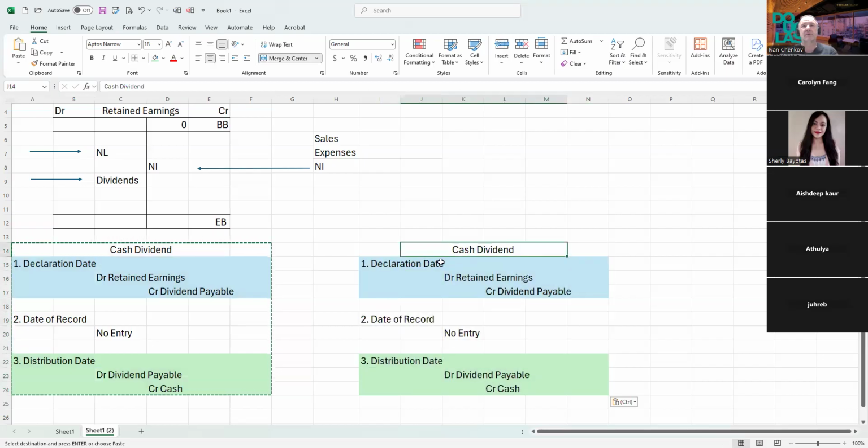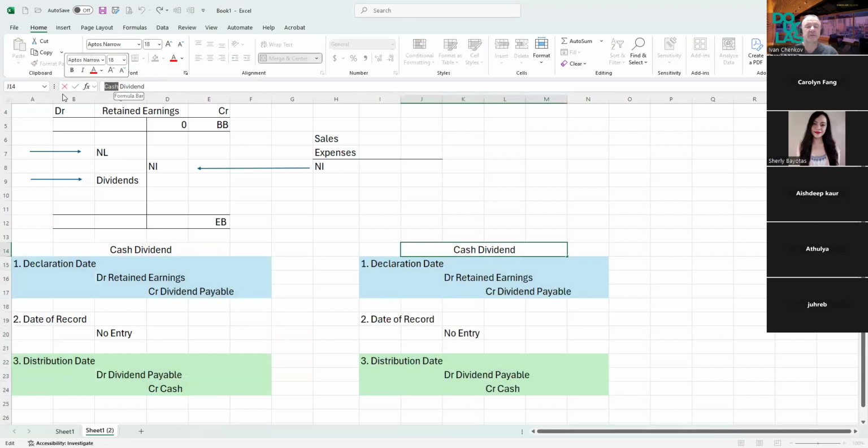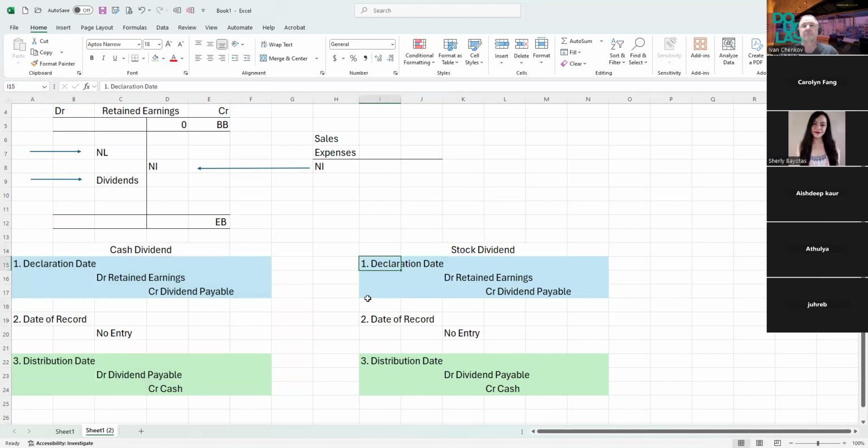And let's see now what's going to happen if we have a stock dividend. On the declaration date, again, we're going to take it from the retained earnings. There are no other options. All the dividends come from the retained earnings. But now we're not going to have a dividend payable, because obviously you cannot pay people with common shares. It's going to be a different term now.